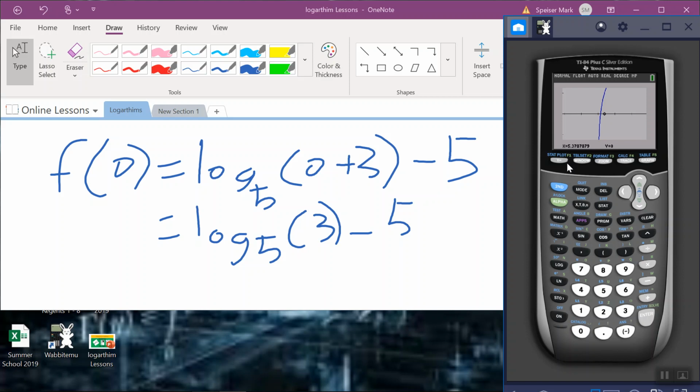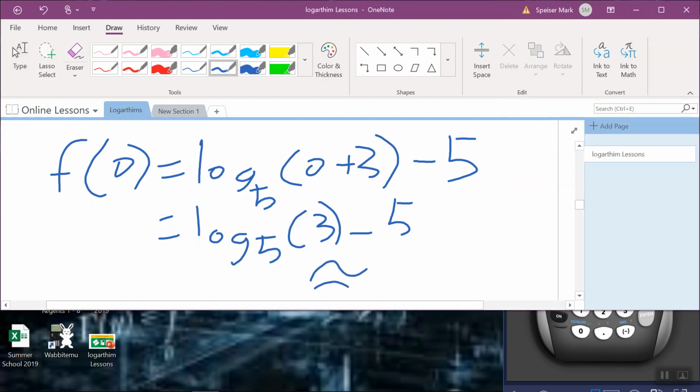So log base, so alpha window, option 5, log base 5 of 3, take away 5, you get negative 4.317.